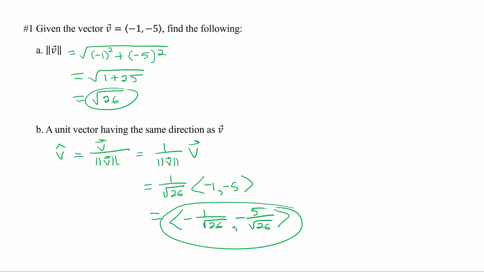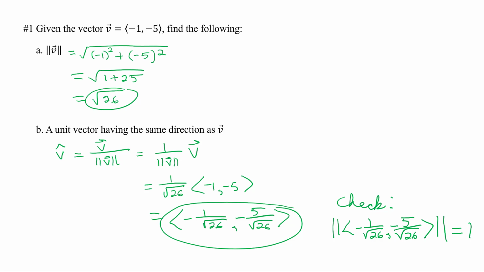We could check that that is a unit vector if you wanted to. To check, you just make sure that the magnitude of this vector is equal to 1, which you'll find that it is if you try this. Okay, we just want to make sure that's equal to 1.